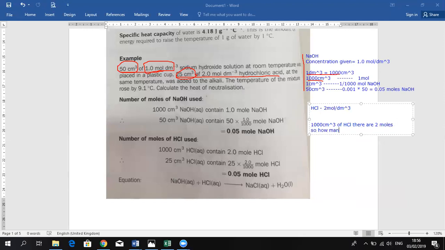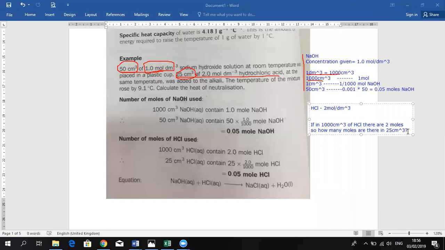So how many moles are there in 25 centimeters cube? Pretty much, that's what we say. You understand? Yeah. That's basically what we're doing.